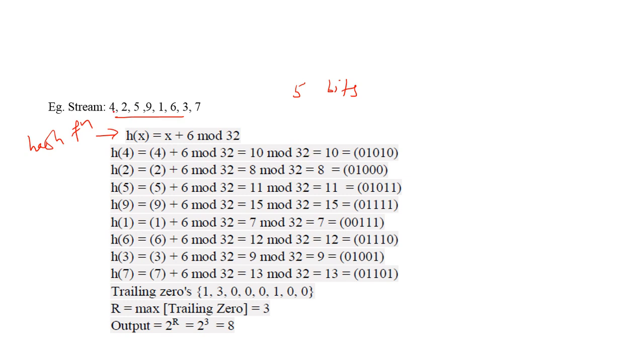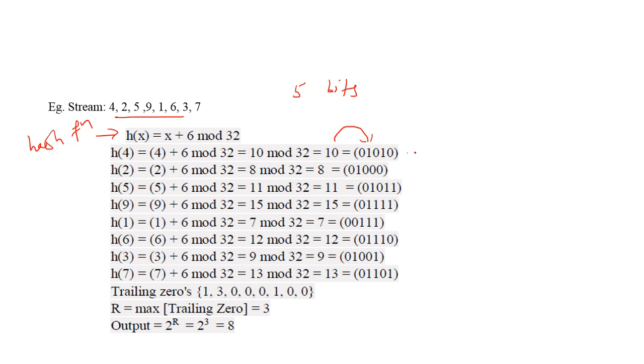Just substitute the stream of data 4, 5 and so on into this hash function and find the remainder. 10 mod 32 is 10, 8 mod 32 is 8, and so on, and convert these numbers into binary. After converting into binary, find the trailing zeros.